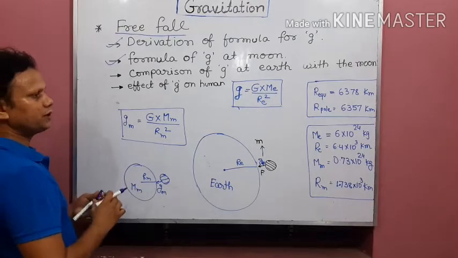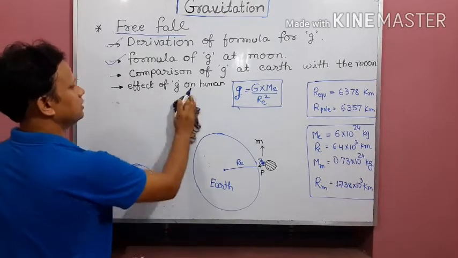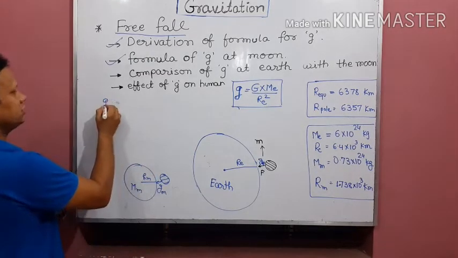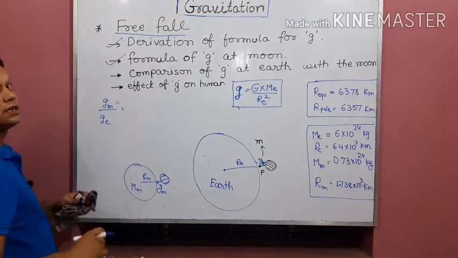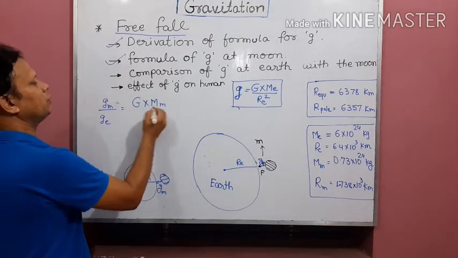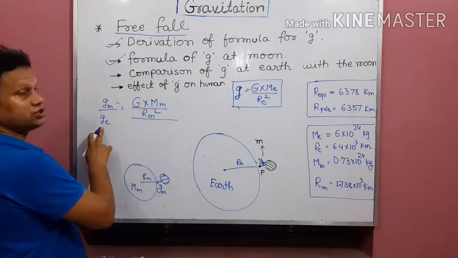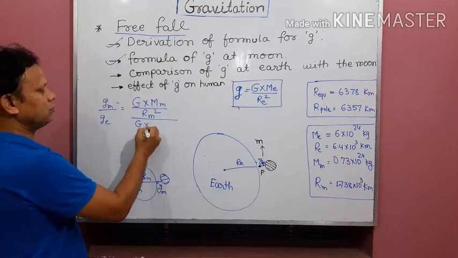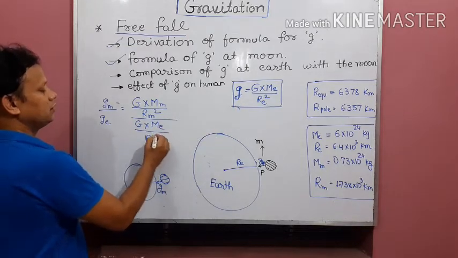If I compare these, suppose I am taking g_M upon g_E. For g_M I will take capital G into mass of the moon upon radius of the moon square, upon, for g_E I will take capital G, mass of the earth, that is the expression, upon radius square.